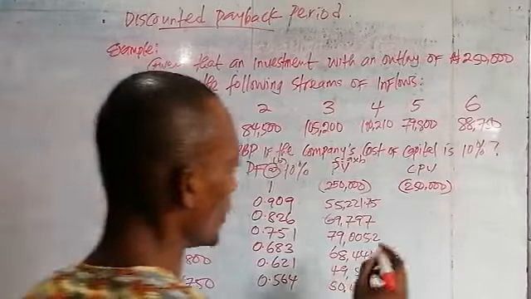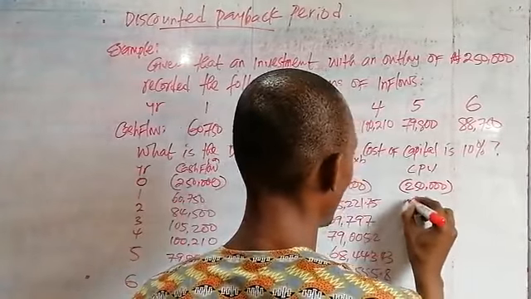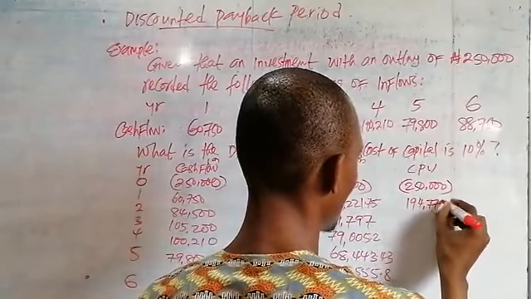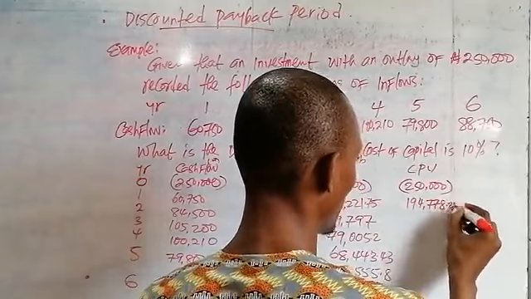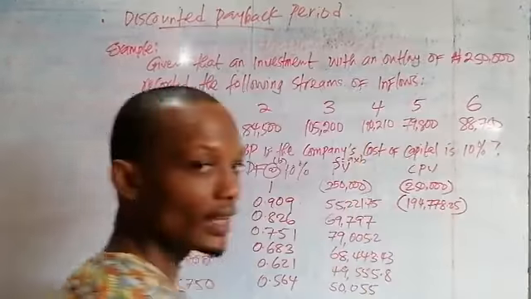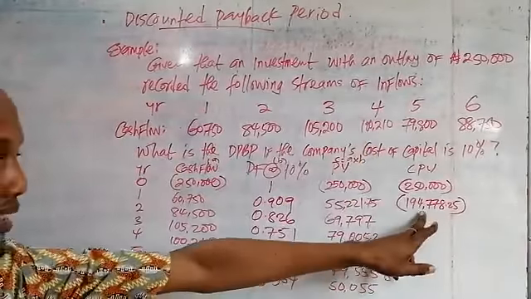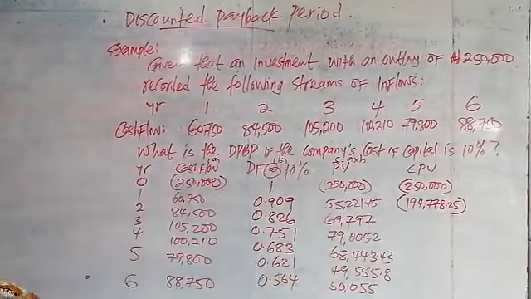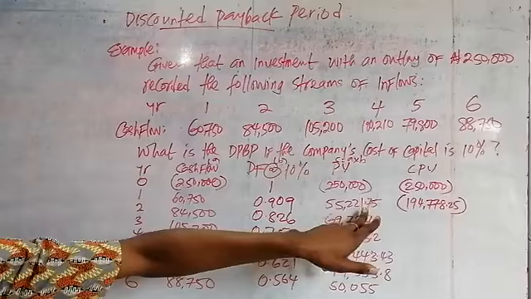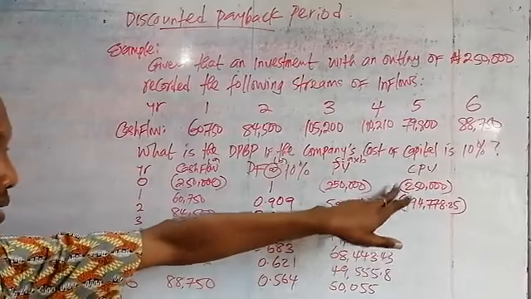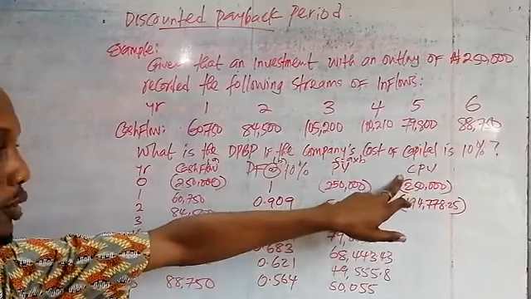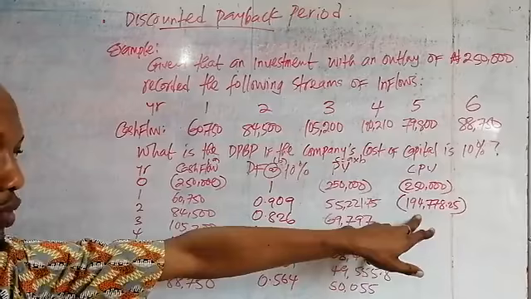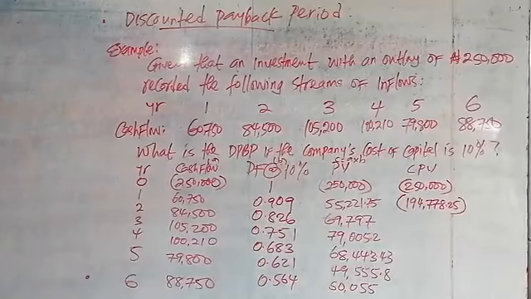So you have 194,778.25. It means at the end of year one, this is what we are still left to realize from our investments after you have discounted it. So in year one we realize this, so we subtract it from our initial investment to know how much we still have to realize.